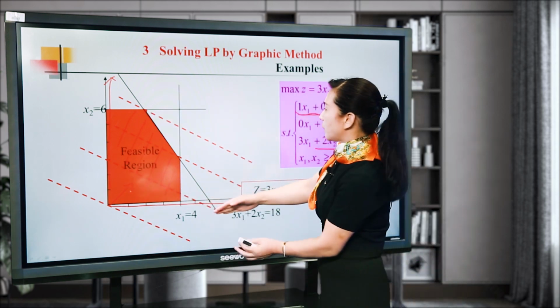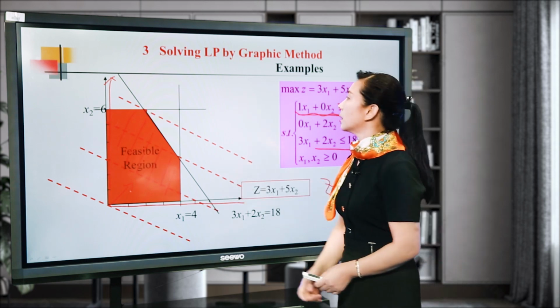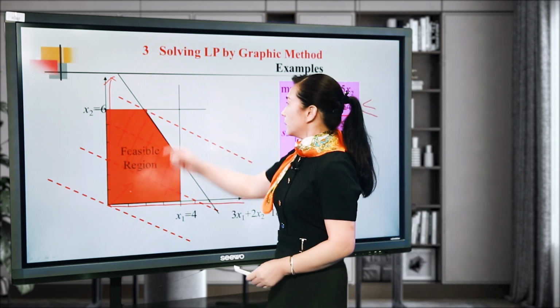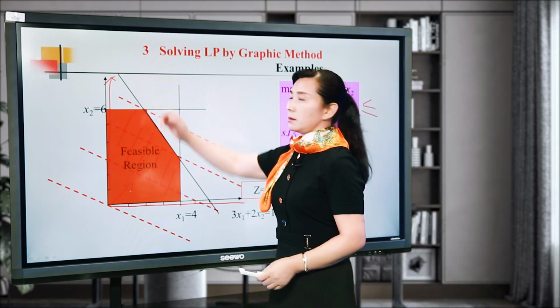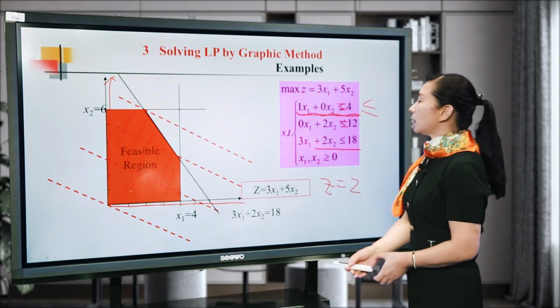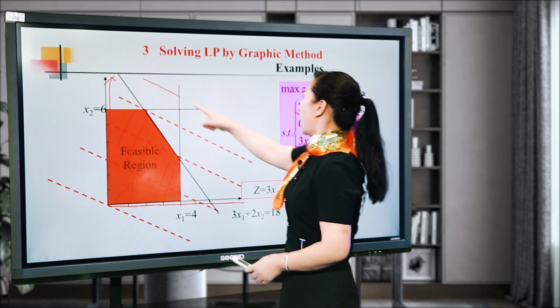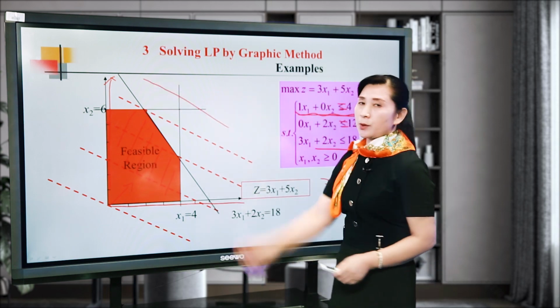So we move the objective line in this direction to the feasible boundary, and stop here. We cannot move it further because that is the infeasible range.